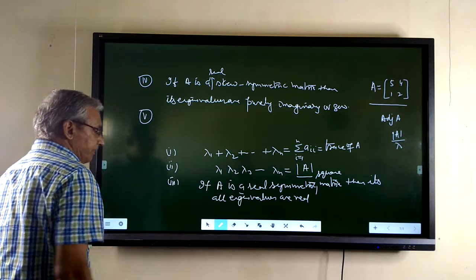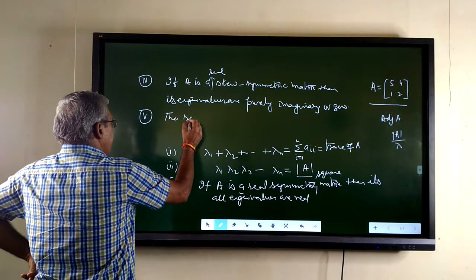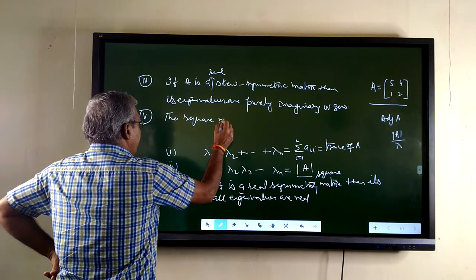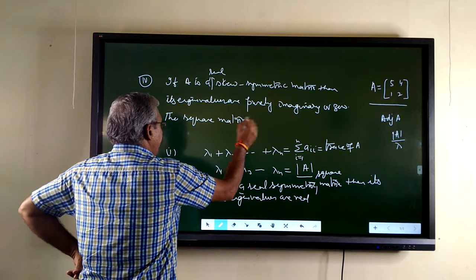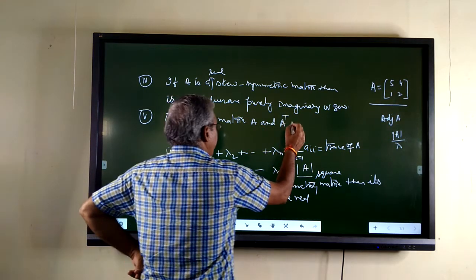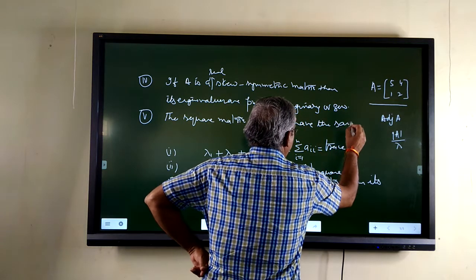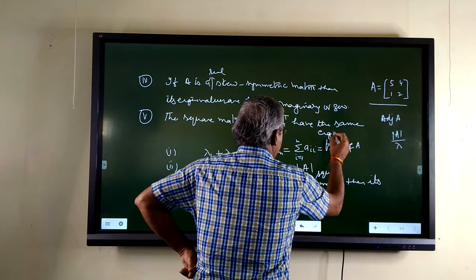Fifth property: the square matrix A and the transpose of A have the same eigenvalues.